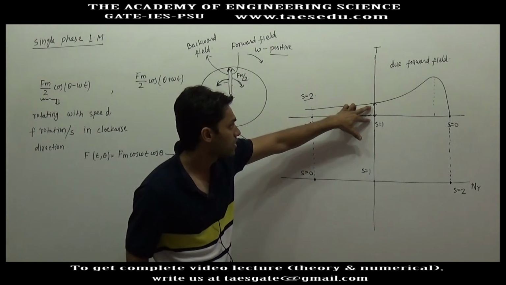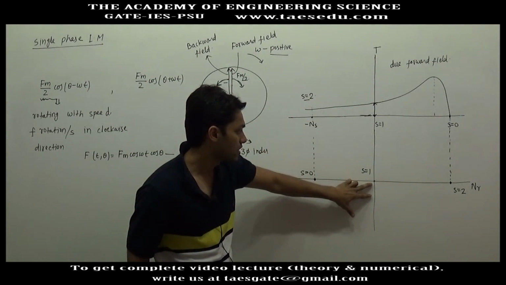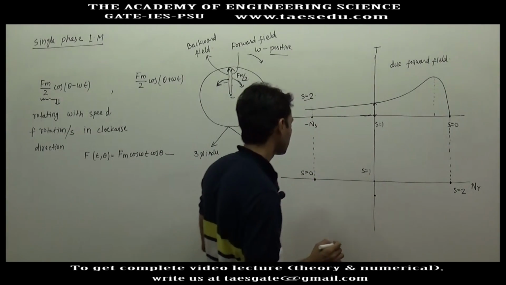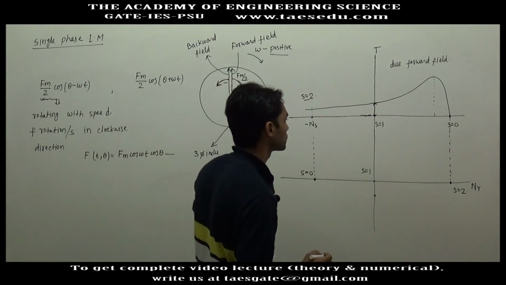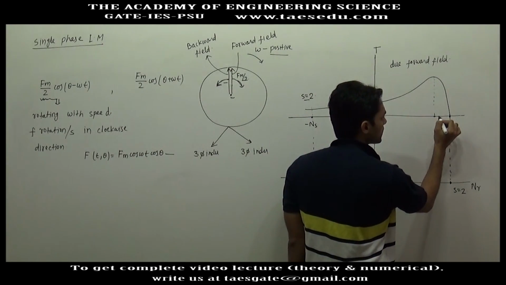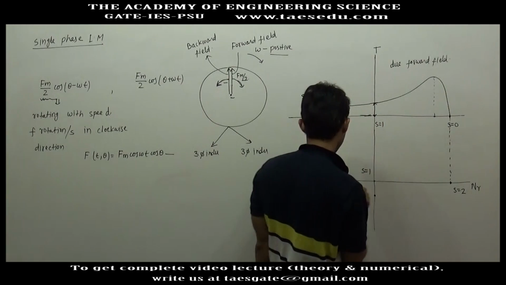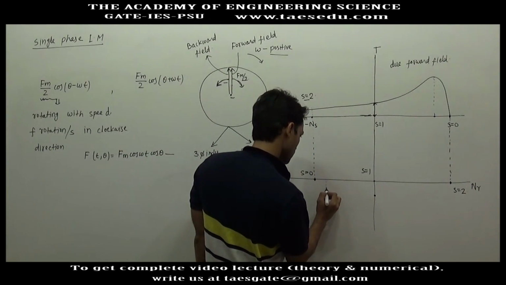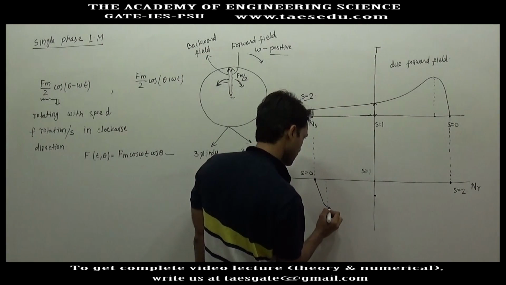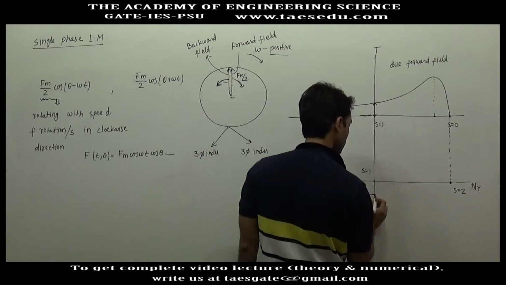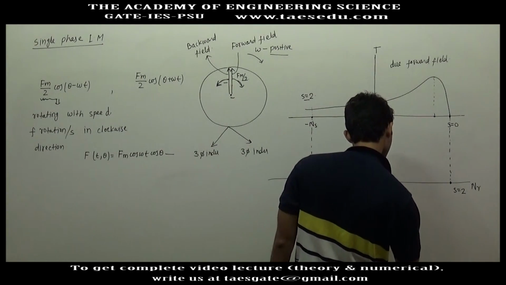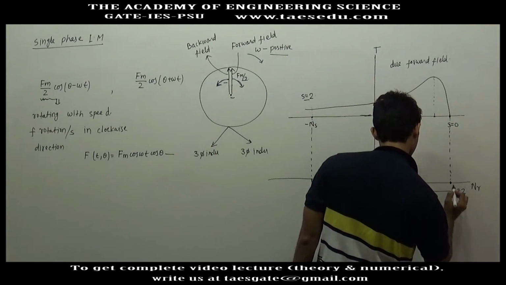We have taken clockwise torque as positive, so this will be negative. When the magnitude of slip is close to 0 we get maximum torque. So when the slip is close to 0, at this point we will get this type of characteristic, and if slip is greater than 1 we will get this type of characteristic.